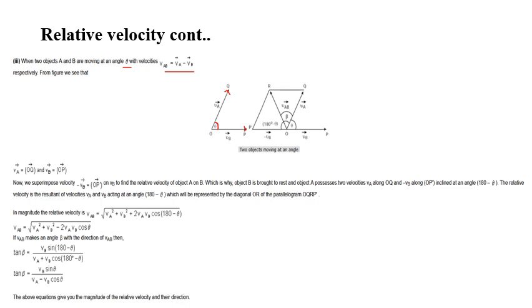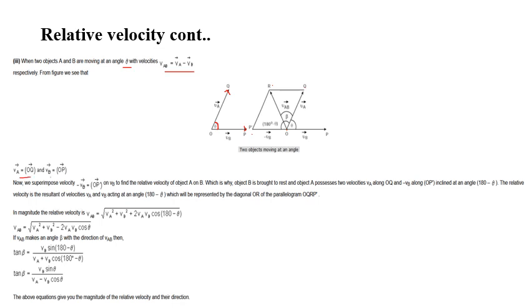Then redraw this graph. This is VB, VA, and this is minus VB, and extend this graph like this. This is your O, Q, and this is R, and this is P dash. VA bar is OQ.